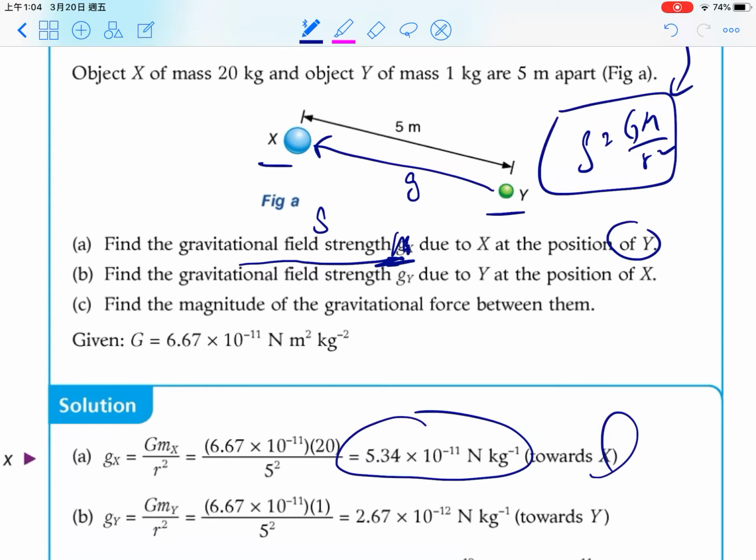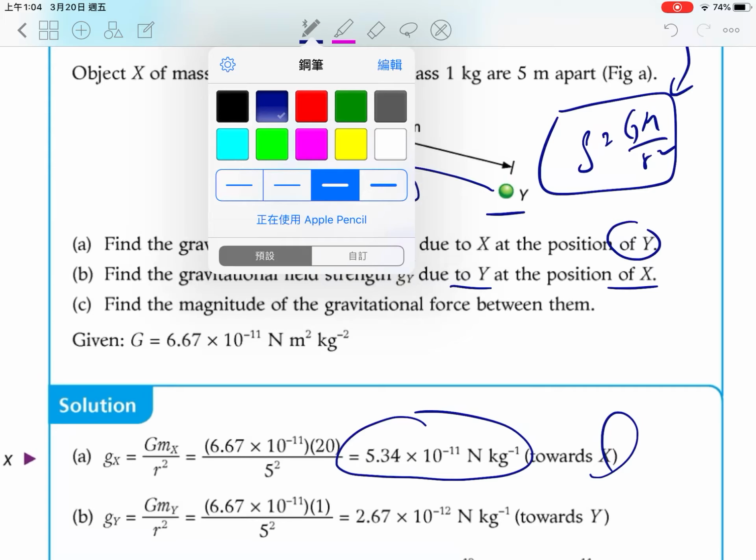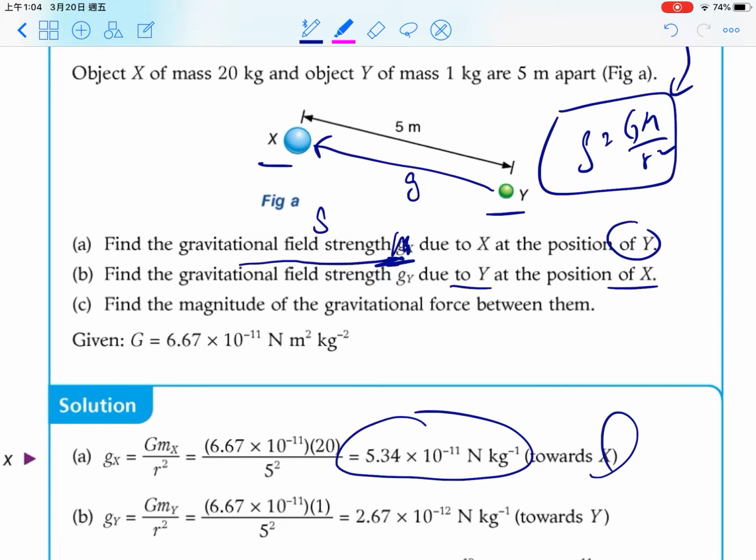And what is the gravitational field strength g at position x due to y? It's asking about the value of small g, and the g field always points to the massive object, here y.